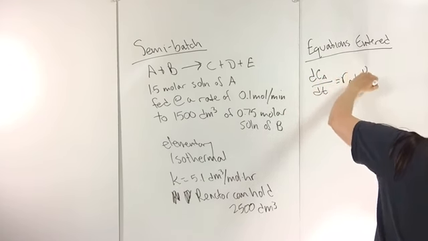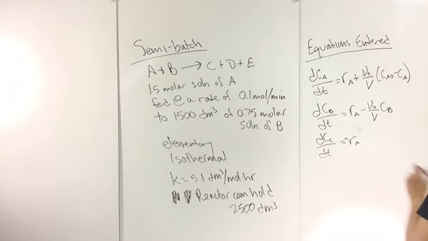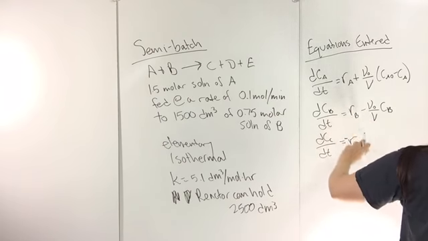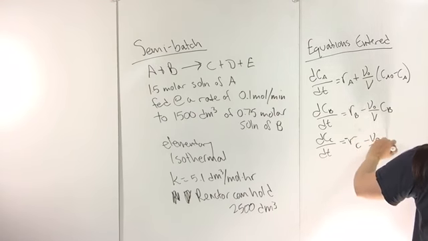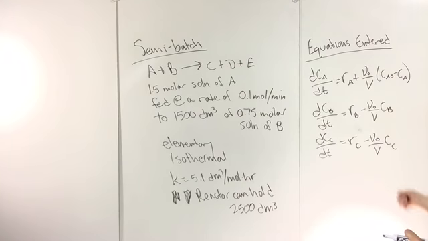So dCb/dt is equal to Rb minus V naught over V Cb, and dCc/dt is equal to Rc minus V naught over V C sub C. Actually I'm going to take a step back, so this is actually Rb and Rc. And dCd/dt and dCe/dt are the same form, so I'm not going to rewrite those.